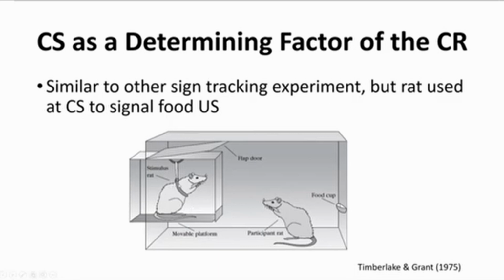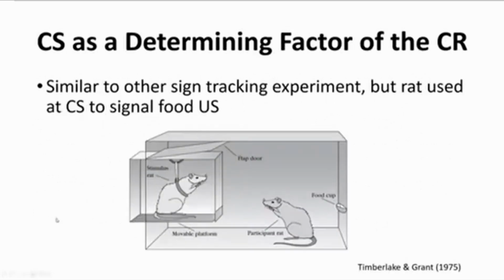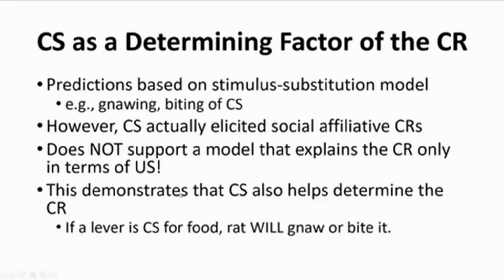But instead, what we end up seeing, actually, we have it written on the next page here, is that our conditioned stimulus actually elicits a social affiliative conditioned response. Basically, the participant rat will walk over and interact with and groom and sort of just be around our stimulus rat. So they're not biting, they're not licking, they're just being around, they're affiliating with the stimulus rat.